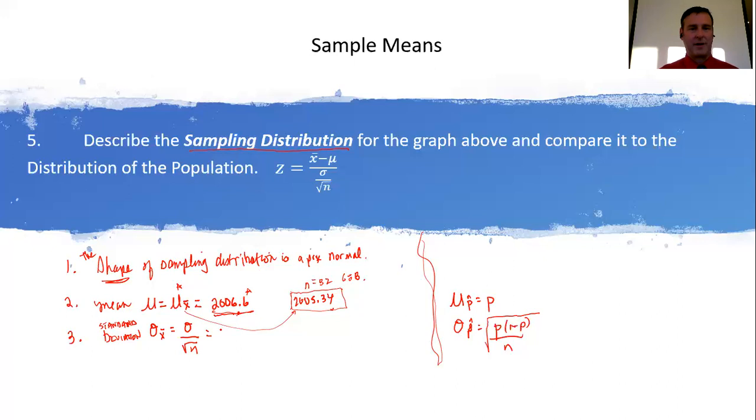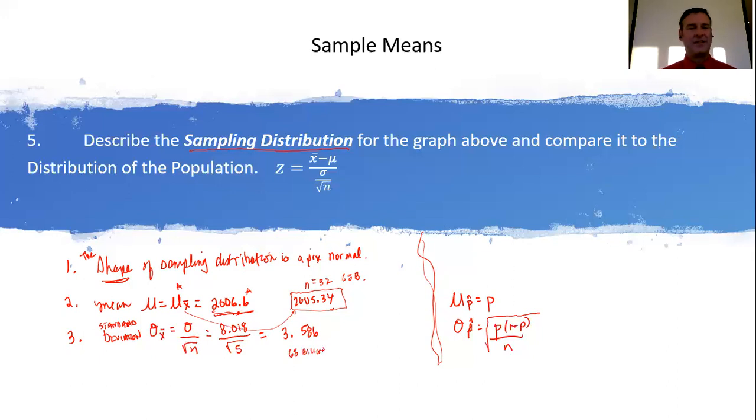So I'm going to put that back on the top, 8.018, and divide it by the square root of n. In this case, it is 5. If you do that, you would get 3.586. And so that's what the standard deviation of my sampling distribution should be for all 68 billion.